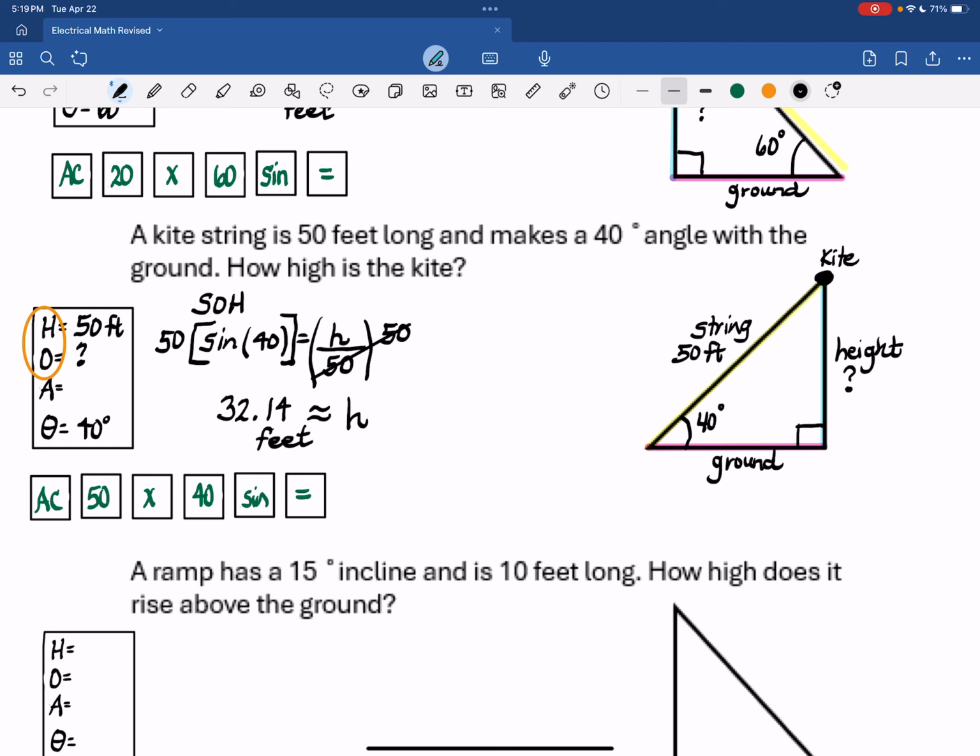And you might be thinking, how do I know it's feet? Because the string is measured in feet. So we can put that same unit for our height.